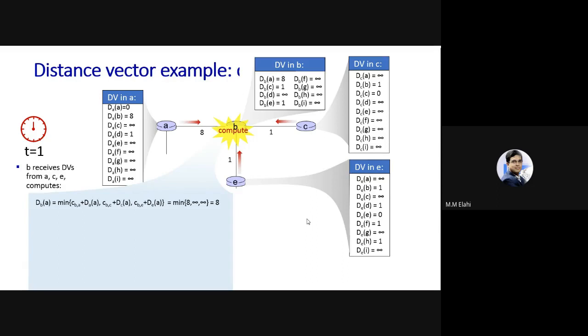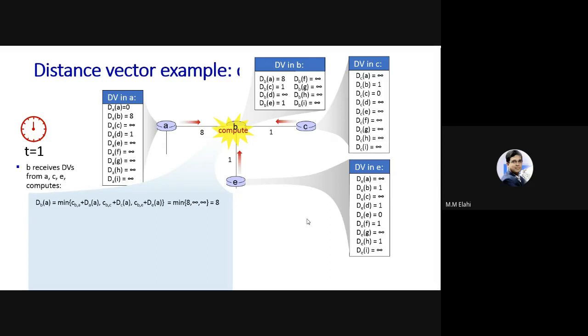Capital D C to A. That B will get from distance vector in C. So see, C to A, what is the value? Infinite. So C says I cannot go to A. So that means it will be applied here. Now the final one, B to E. Again, direct cost CB to E, and then plus D E to A.